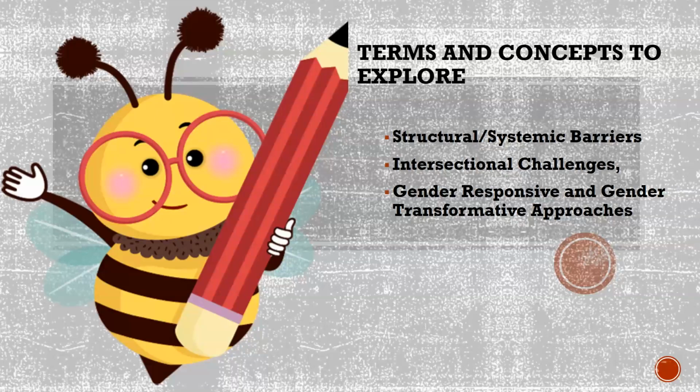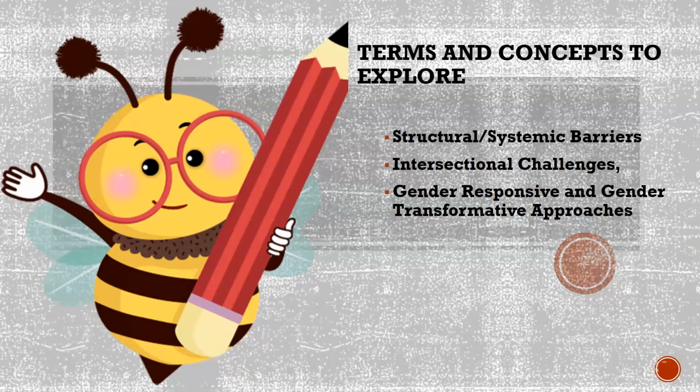The terms and concepts we are going to be exploring today, as I said just now, are intersectionality and structural and systemic barriers. We are going to develop a shared understanding of what these terms mean, especially in the education environment, and how structural and systemic barriers intersect and cause intersectional challenges.